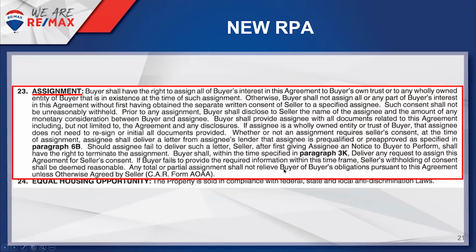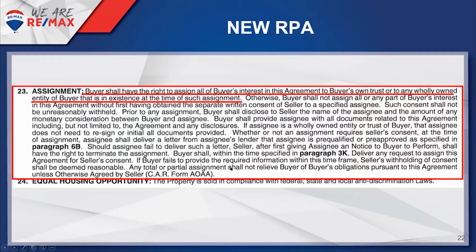So assignment has been changed. A buyer has a right to make an assignment to his or her own trust or wholly owned entity that is in existence at the time the assignment is made. So they do not need the seller's permission to do that. They should still use an assignment of agreement, an AOAA.